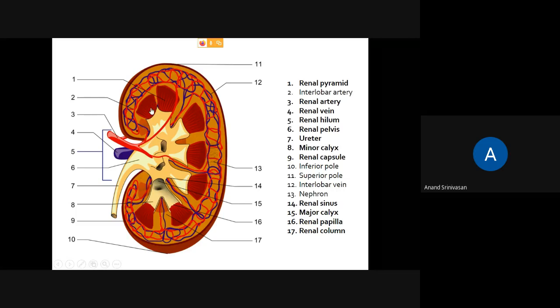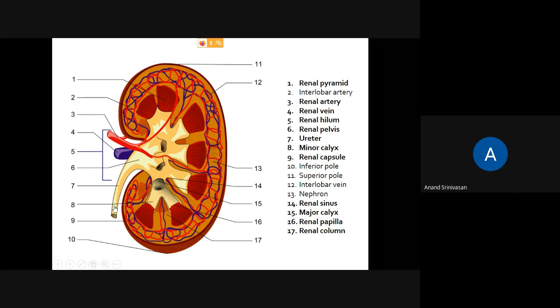In the medulla, there is the renal pyramid. From the apex of the renal pyramid, it opens into the minor calyx, then into the major calyx, then into the renal pelvis, and then finally into the ureter.